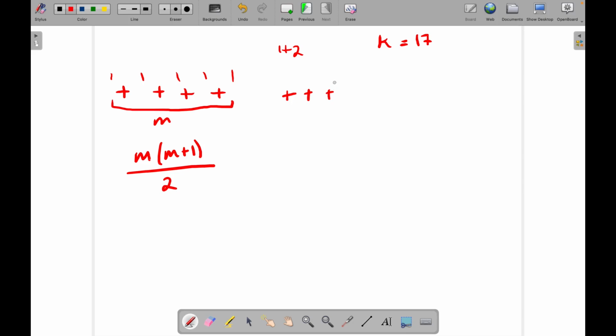If I add another positive, that's going to bump me up to 1 plus 2 plus 3 subarrays, which is 6. Add another, I'm going to get plus 4 and then plus 5, which happens to be 15. This quantity right here is 15. So right now, I have 15 subarrays that are positive. I want 17 positive subarrays.